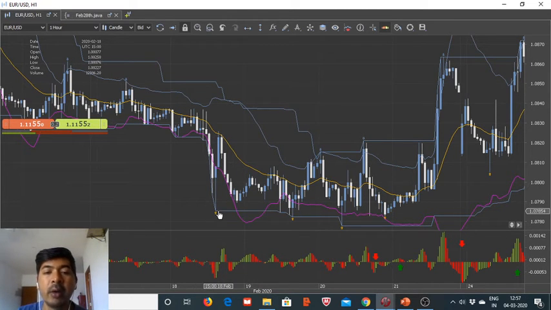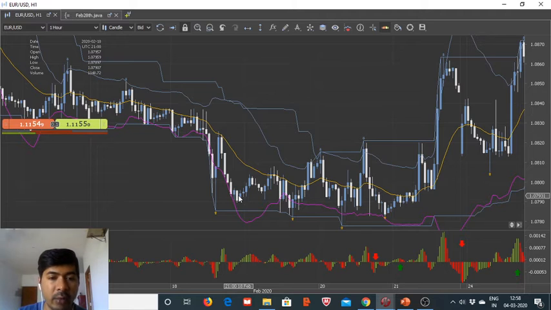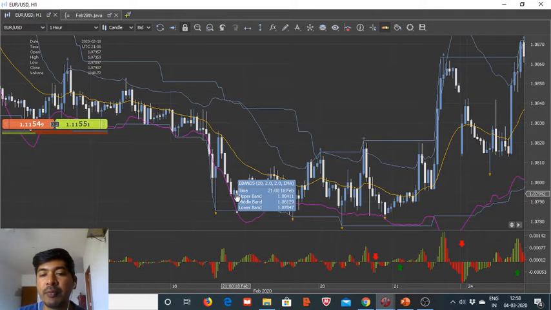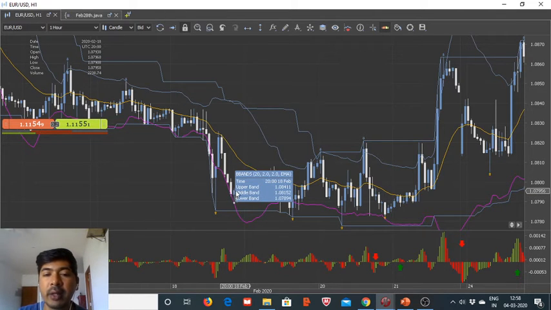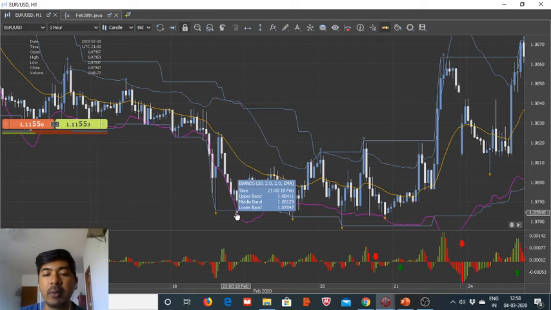So here after the new low has been made, you can notice that after a couple of hours, 4 or 5 hours, I think 5 or 6 hours, again the candle has closed below this middle band and also above the upper band. But since this minima is not going to be equal to the minima 12 hours back, no trade will be placed.